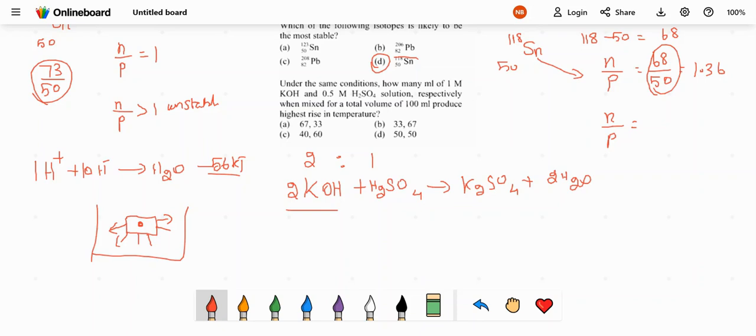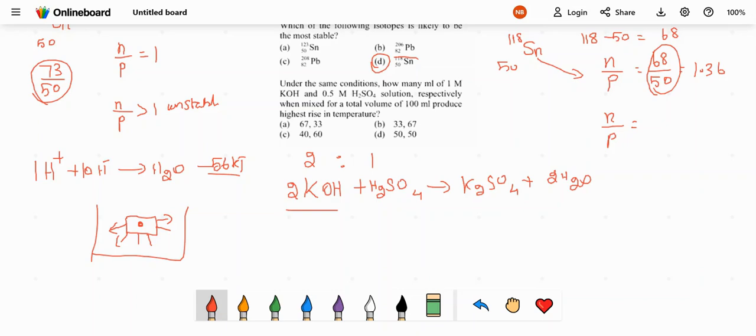If you take the same amount of KOH and H2SO4, then the neutralization will not be the maximum. The excess reagent will be there. So you should use the ratio according to the stoichiometric equation. So 2:1. Be very careful on this point. 2:1 will be there for maximum neutralization for the KOH and H2SO4 acid base reaction.